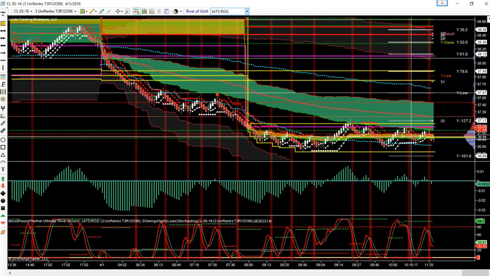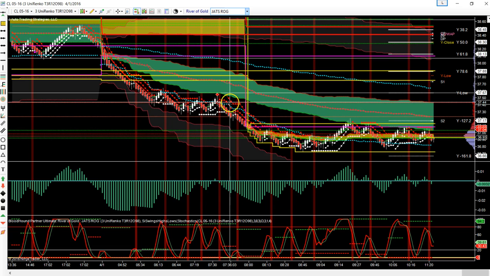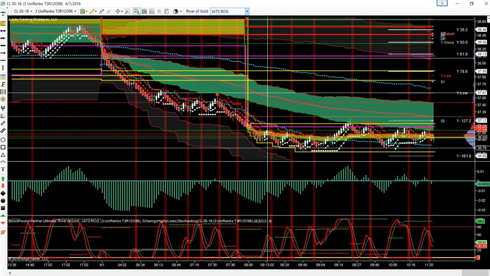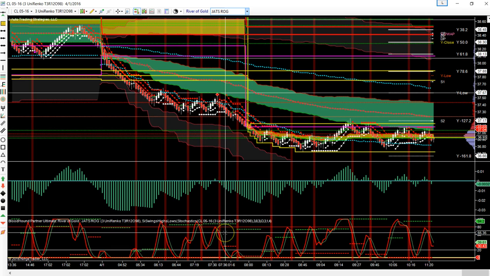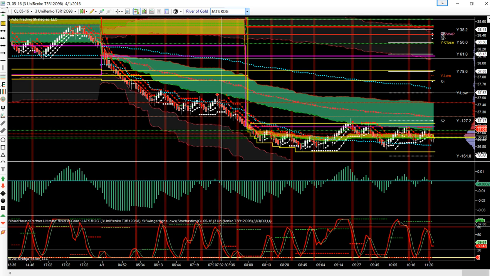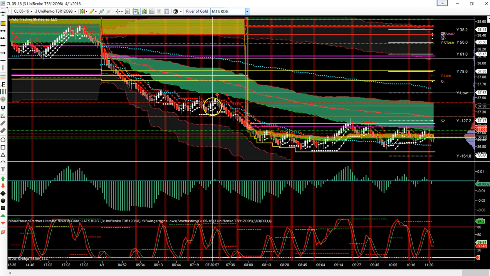I customize my value areas to assist me in making my trade decisions, as well as my volatility bands that will show me the volatility in the market and price action. I also have customized my stochastics to provide a visual representation of the previous swing highs on the chart.